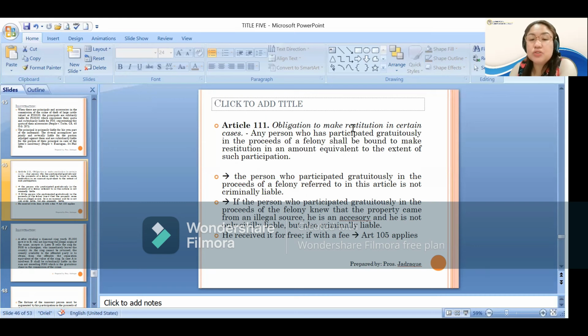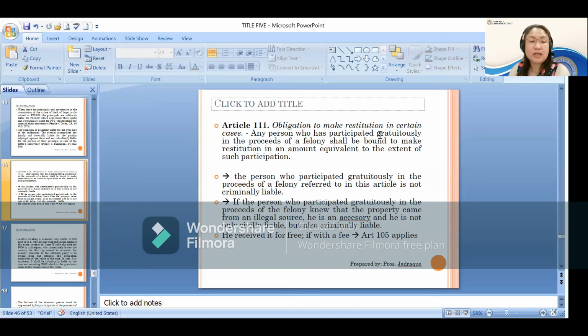obliged to make restitution? Now, if that person who participated gratuitously in the proceeds of the felony knew that the property came from an illegal source, he is an accessory. And he is not only civilly liable, but also criminally liable. But here, he is not really an accessory. Hence, we cannot make him criminally liable, but we can only make him civilly liable to make restitution.